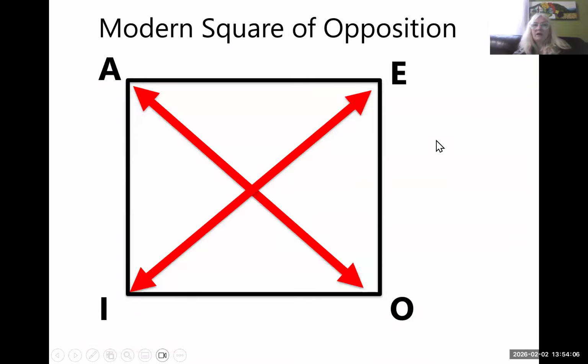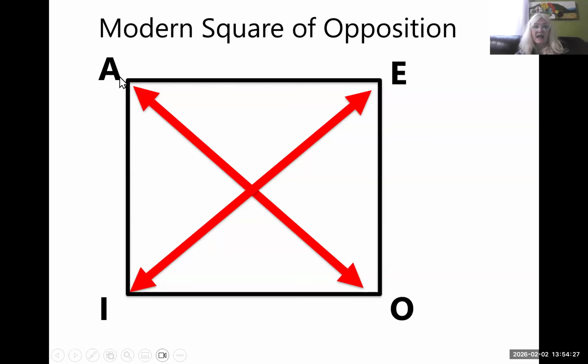So here is what we call the modern square of opposition. This is just a diagram that is supposed to help you understand the basic rules of categorical reasoning for the way Boole conceptualizes universals.